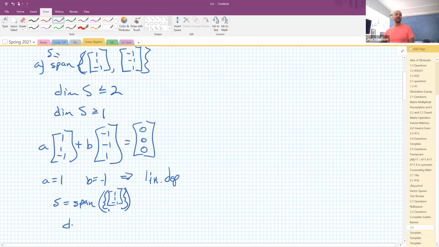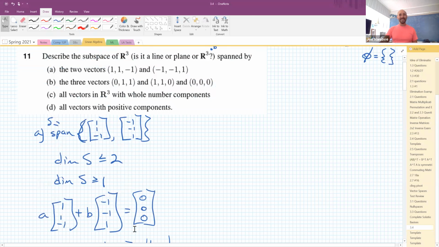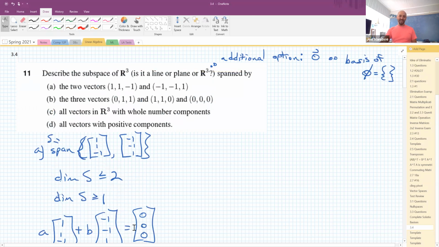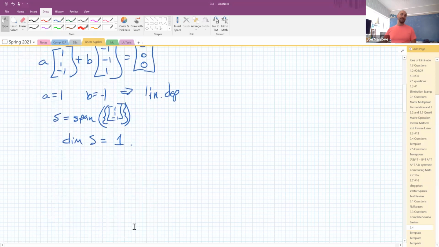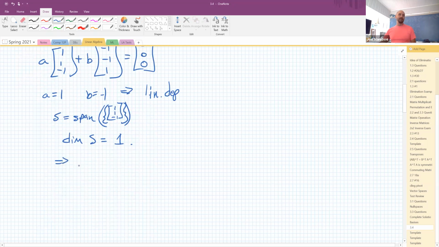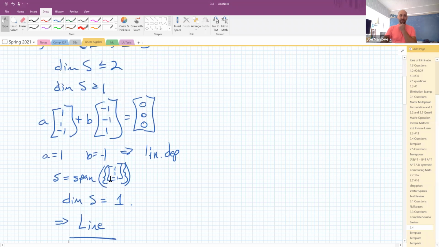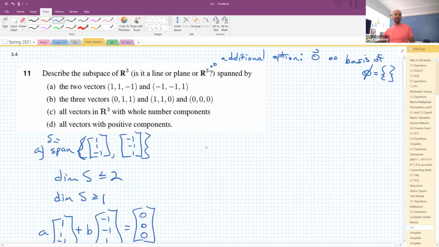So this implies that the dimension of S is in fact 1, which means that it is a line. Does that follow? Okay, assuming that it does.